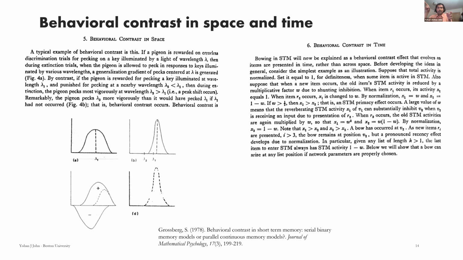So that's how you get the activity going up again, and you see a recency effect. Their strength is higher, and the underlying assumption is that the strength of an item representation, meaning its firing rate, will, all other things being equal, be proportional to the strength of the synaptic weight change, and therefore to recall probability.